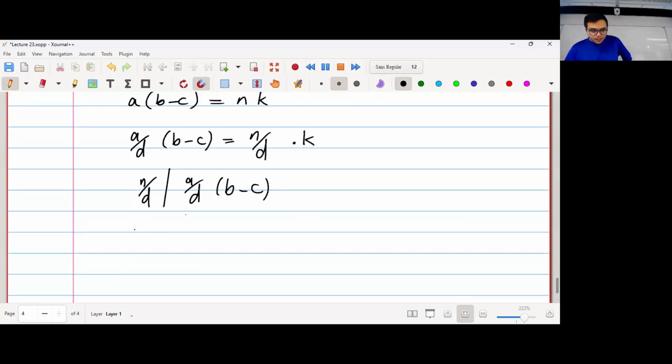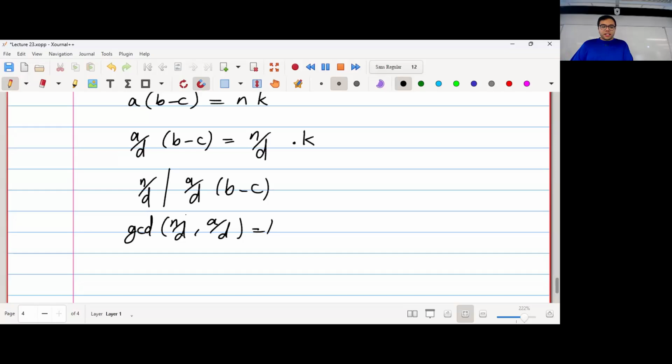What is the GCD of N over D and A over D? This is 1. Because remember, D was the GCD of A and N, and we had this theorem that if you just divide both numbers by their GCD, the GCD of the resulting numbers is 1.